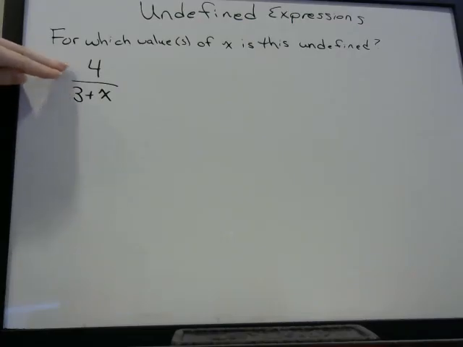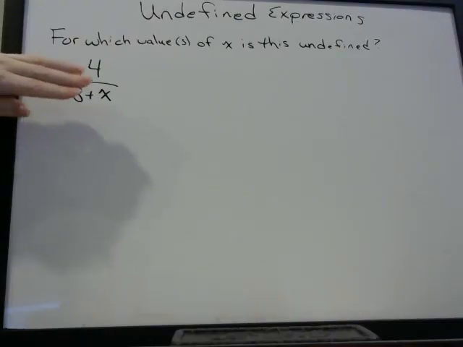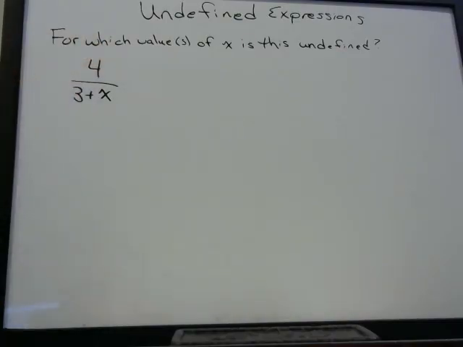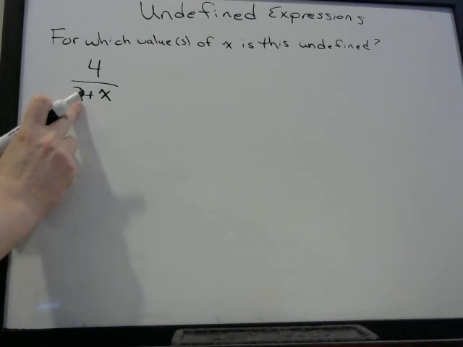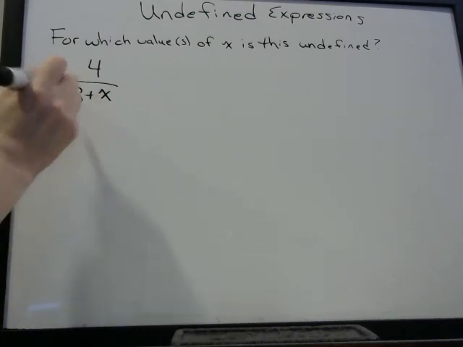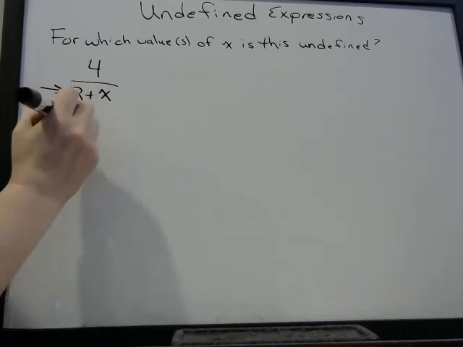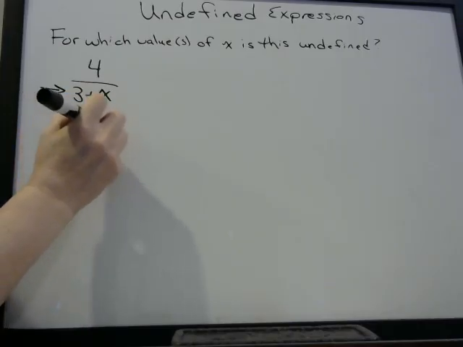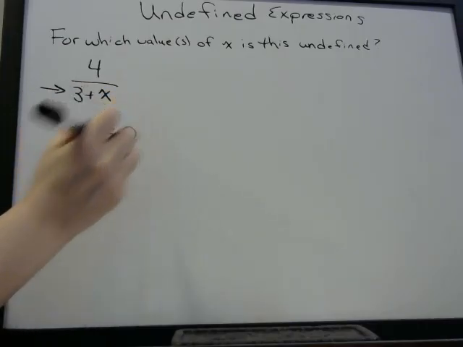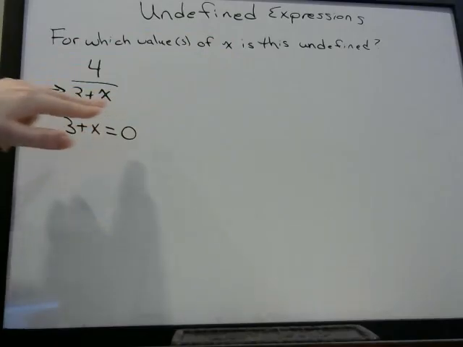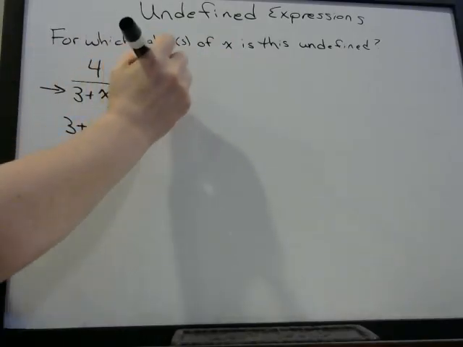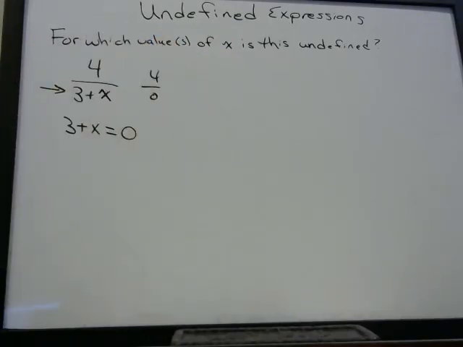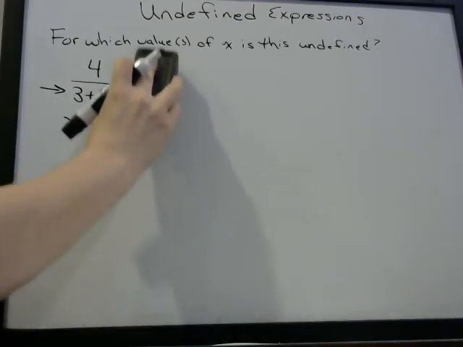So when you have this fractional question, just forget about the numerator and focus on the denominator. When the denominator, which is 3 plus x, equals 0, that's undefined, because if this equals 0, we're going to have 4 over 0, and that's an undefined expression. That's what we call something when there's 0 in the denominator.